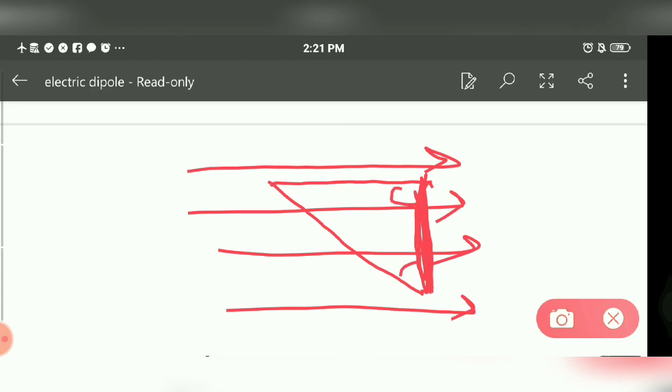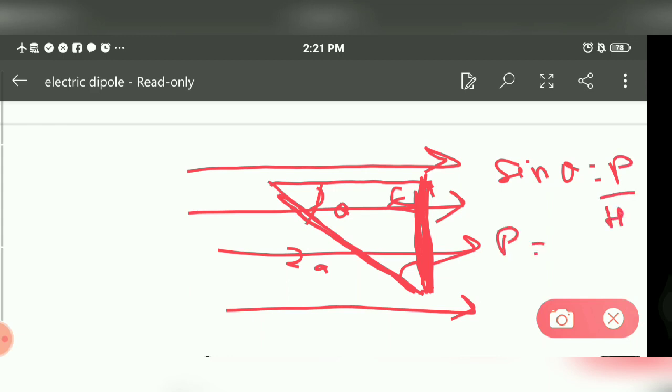This is the angle theta, and this is the hypotenuse. We have to find this perpendicular distance. So this hypotenuse is 2a over here. So we use the formula sine theta equals perpendicular by hypotenuse. So perpendicular equals hypotenuse into sine theta. The hypotenuse here is 2a, so 2a sine theta.